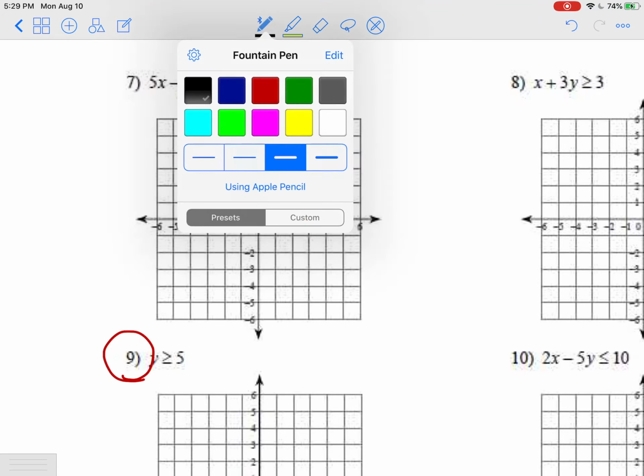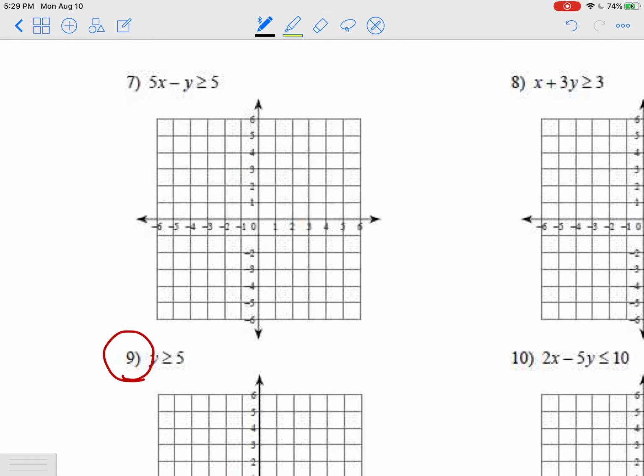So let's rewrite this inequality. We need to bring this 5x over to the right. I'm going to have to move horizontally, which I don't really like to do, but this is what we have to do. Negative y greater than or equal to negative 5x plus 5.